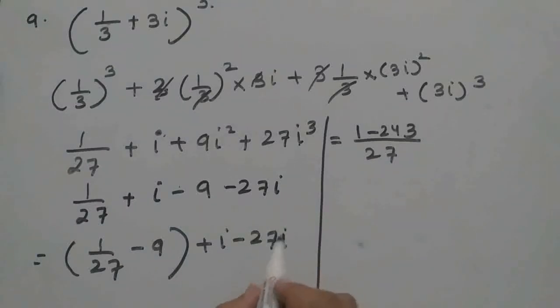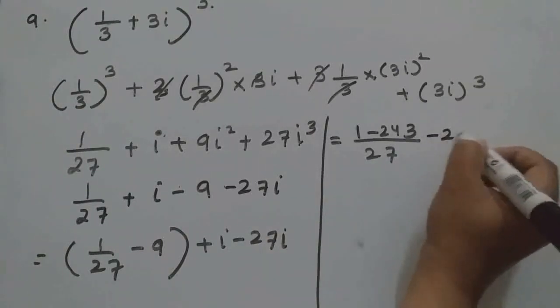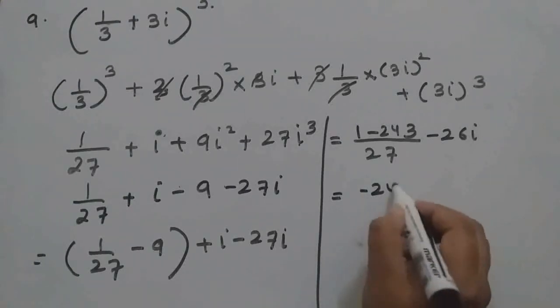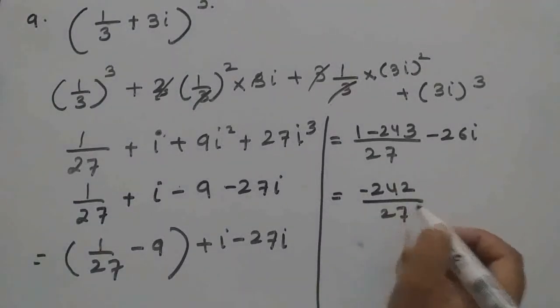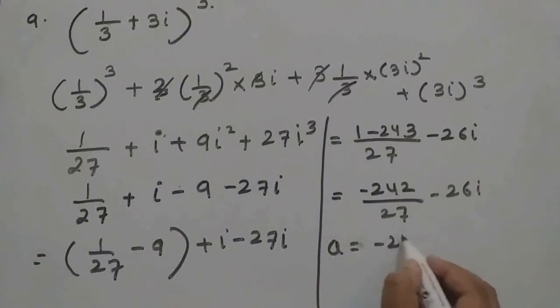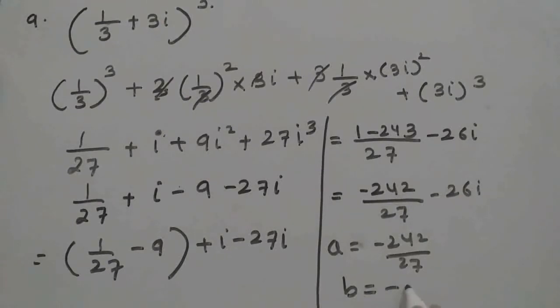See, minus 27 plus i means minus 26i. So minus 242 by 27 minus 26i. So a is minus 242 by 27 and b is minus 26.